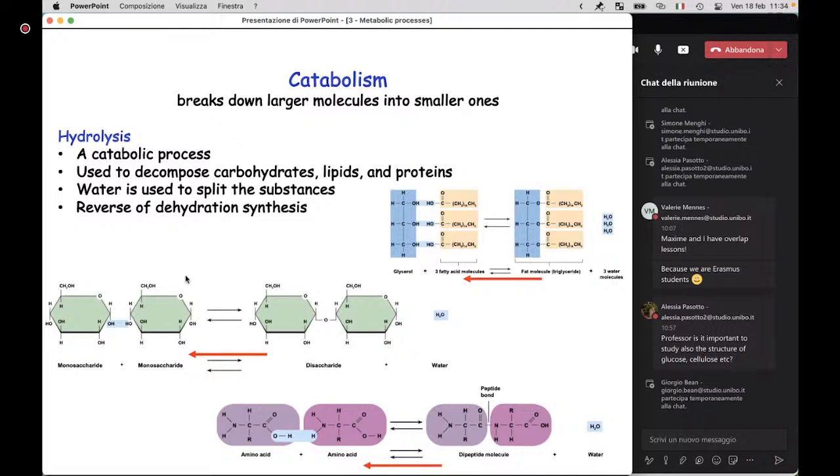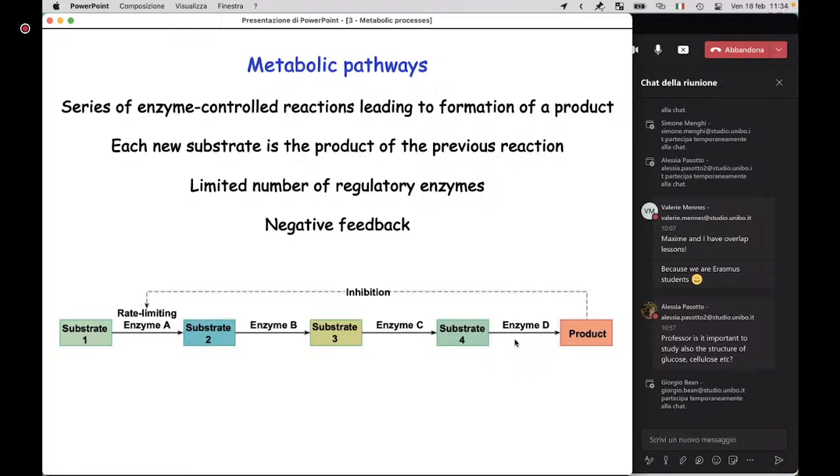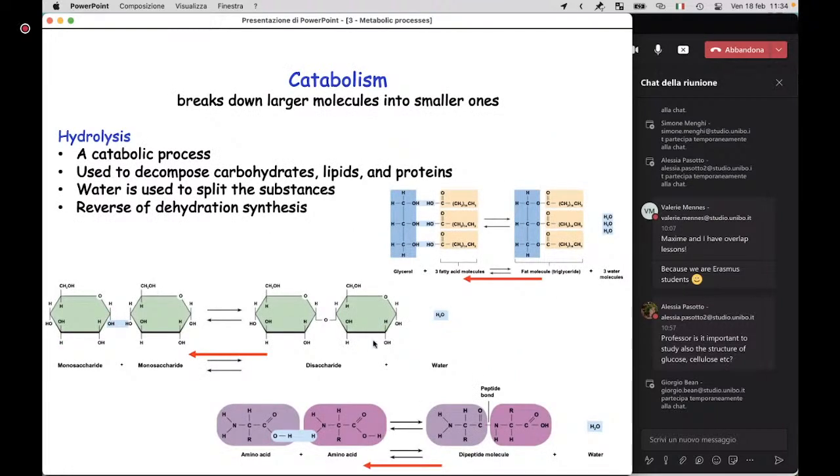It is the reverse of the condensation or dehydration reaction. Okay, this is anabolism and catabolism up to the level of the single molecule.